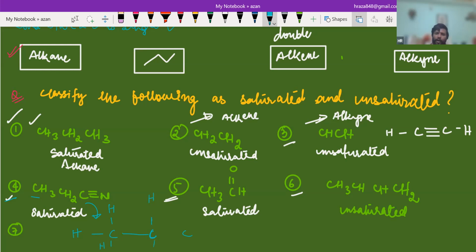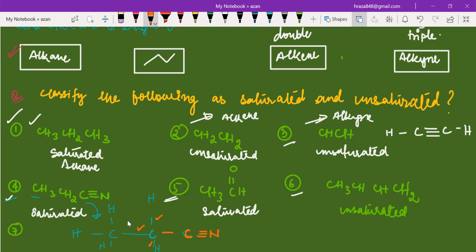Now this middle carbon is also forming three bonds, so it will only form a single bond with this carbon, and now this carbon is forming a triple bond with nitrogen. So what we see is the bond between only carbon and carbon, not carbon and hydrogen, not carbon and other elements. Are you getting my point? Yes, sir. So that's why it is saturated.